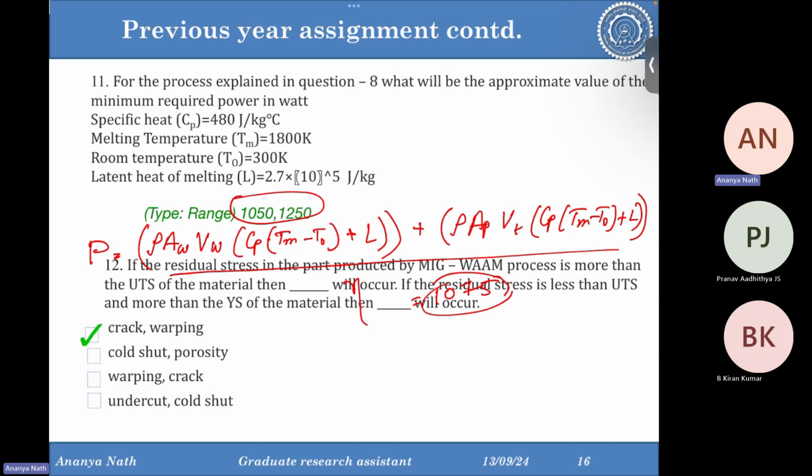In case of welding, the residual stress is an influential parameter, but it's not that much what it has in case of additive manufacturing, because additive is layer by layer. In welding, even if you are having any residual stress, it will be a very lesser type of compressive residual stress or something.